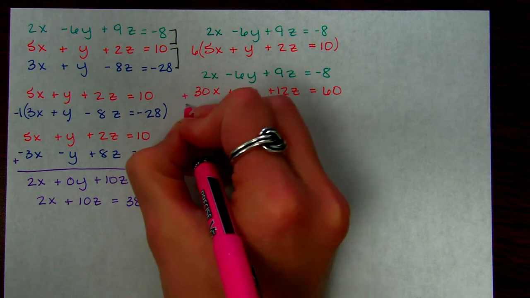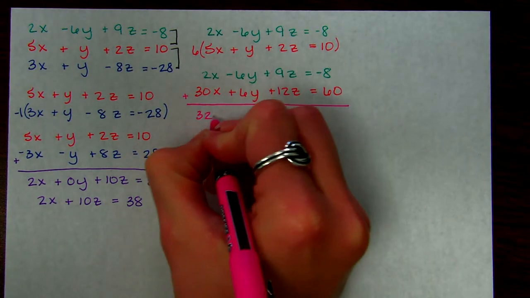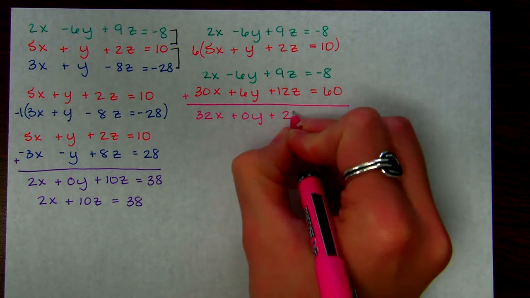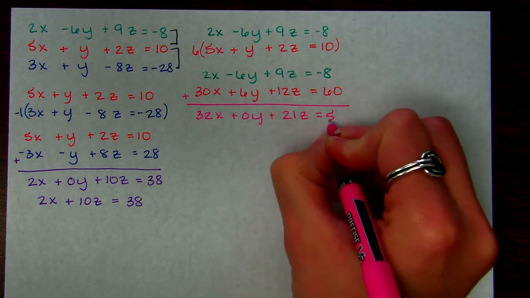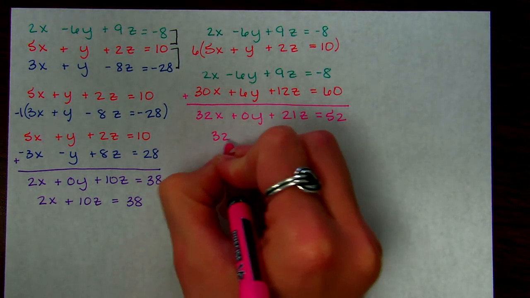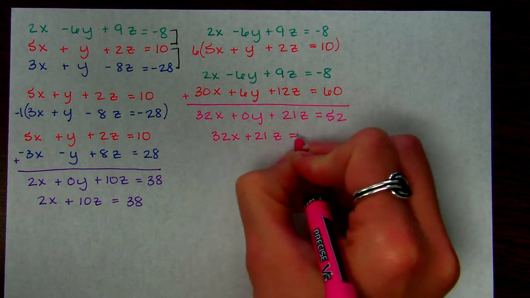When we add them together, we get 32x plus 0y plus 21z is equal to 52. And so this is just 32x plus 21z is equal to 52.